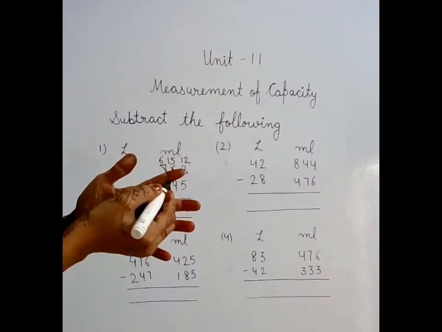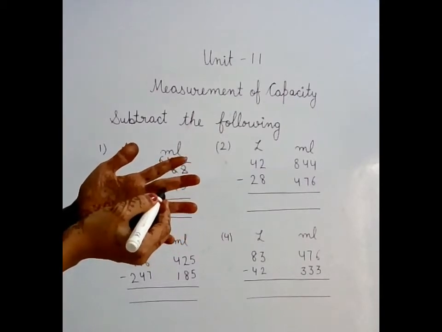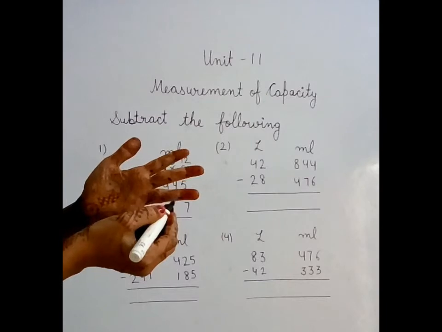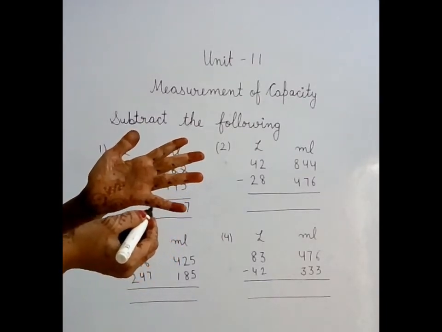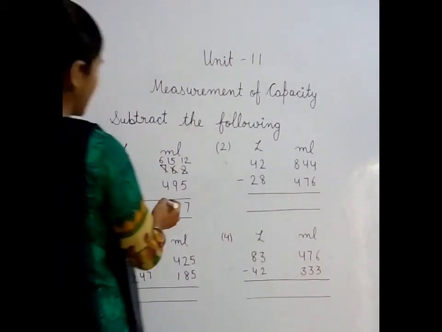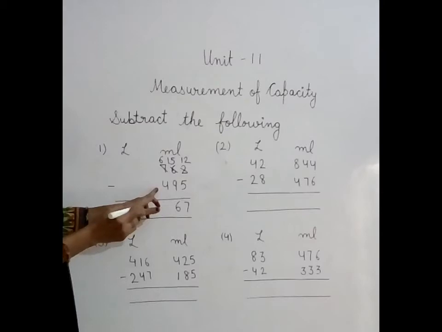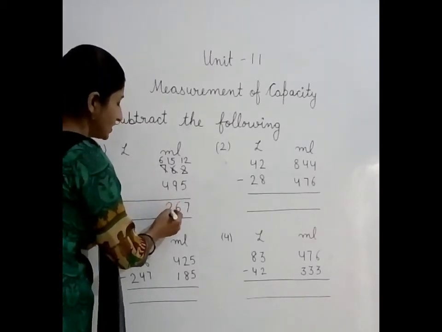Subtract 9. 1, 2, 3, 4, 5, 6, 7, 8, 9. Let's see how much is left. 1, 2, 3, 4, 5, 6. So we write here 6. Now 6 minus 4 is 2.